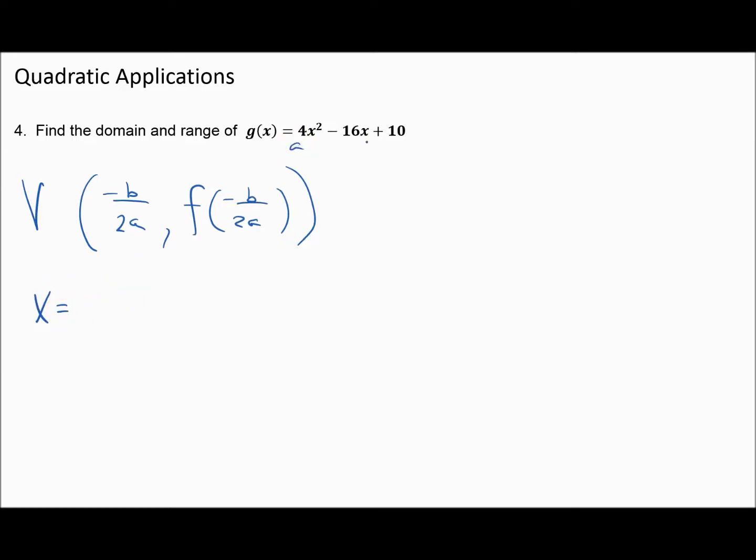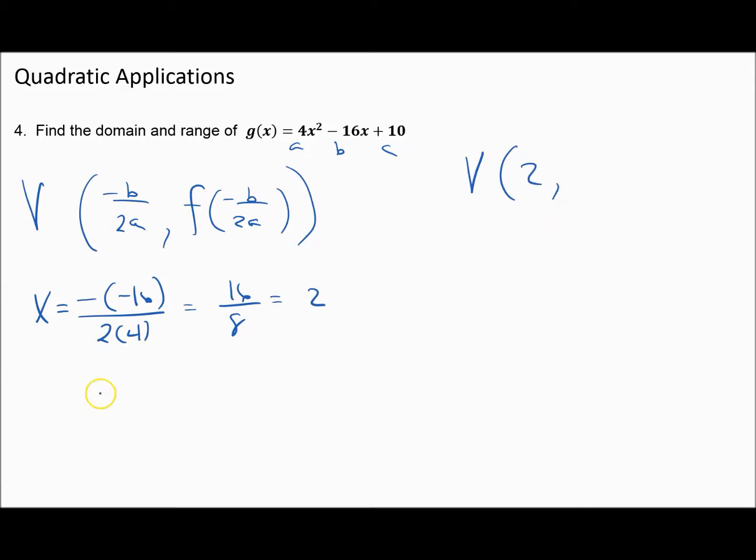Remember, a is 4, my bad. B is negative 16, and c is 10. So negative of a negative 16 over 2 times 4, which is going to give me 16 over 8, which is 2. So my x value is 2.